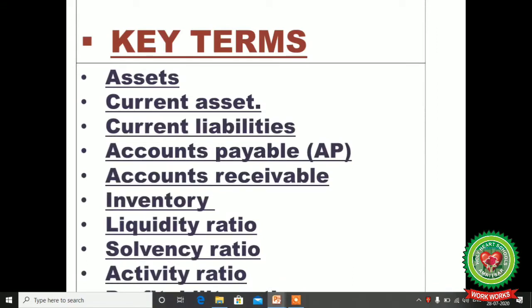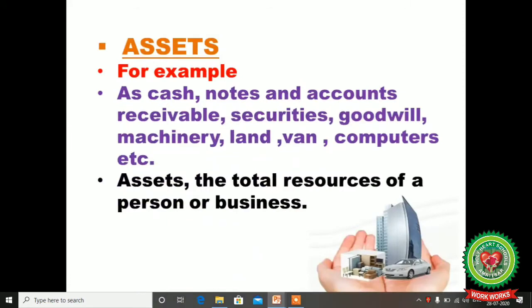First of all, know the key terms: assets, current liabilities, accounts payable, accounts receivable, inventory, liquidity ratio, solvency, activity ratio. So first of all, assets.